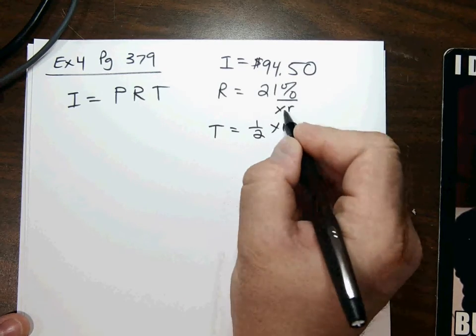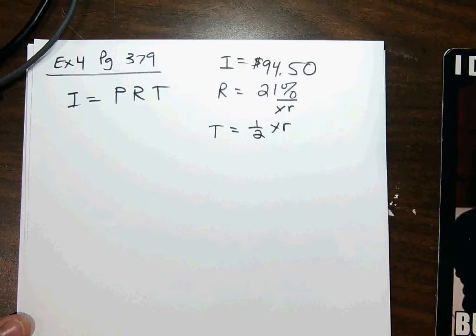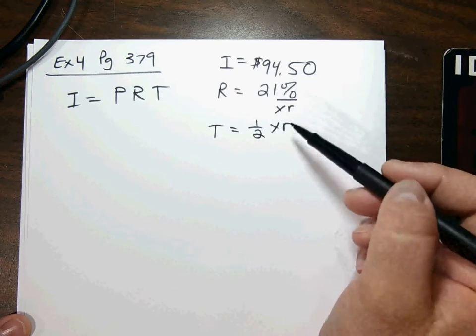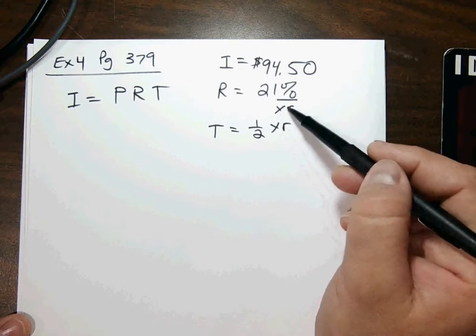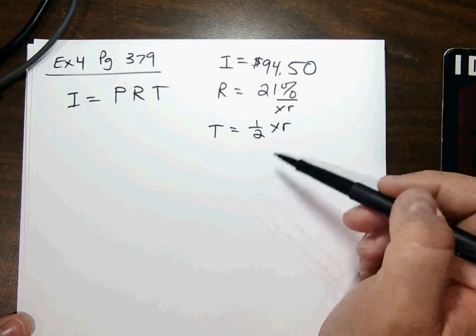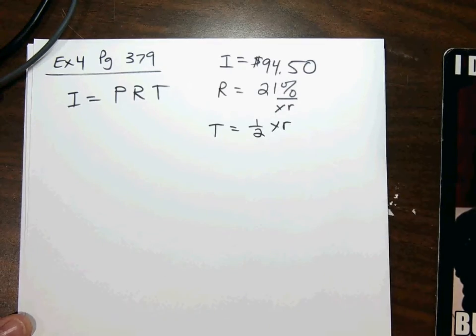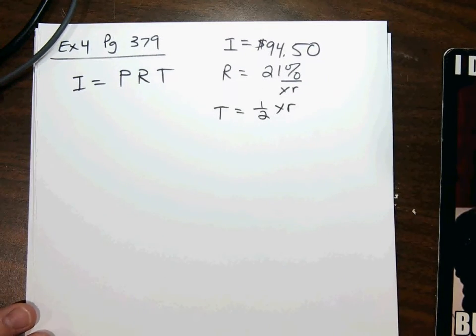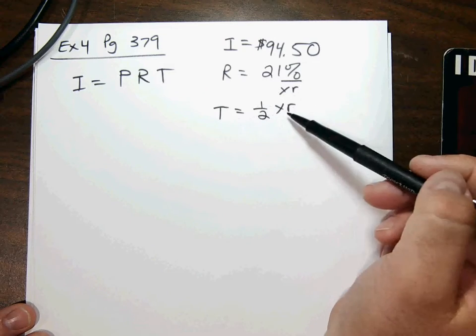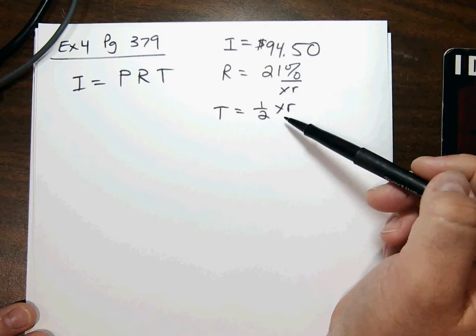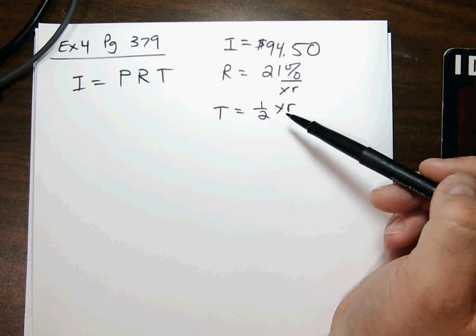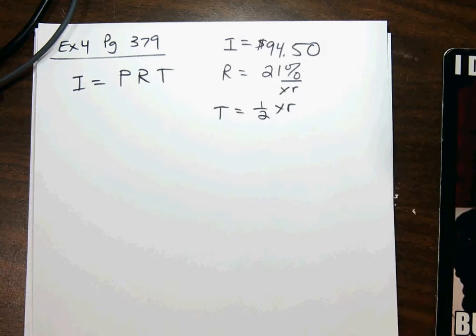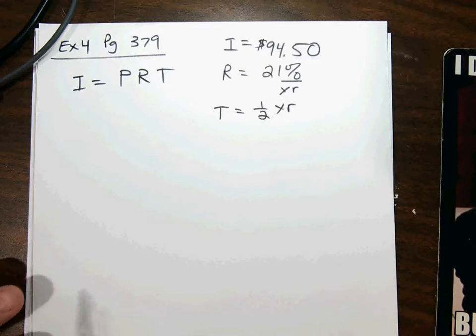But the units have to match, because when I multiply R and T together, I'll have a year in my denominator and a year in my numerator, and they cancel. Many problems will give you an interest rate per year, but then give the time in months or days, and you have to do that extra conversion so the units match as years and years. In this case, our book doesn't even cover that subject, so we won't worry too much about it.